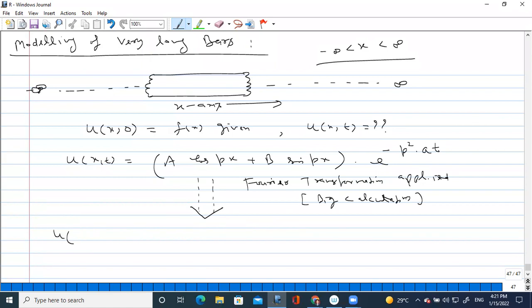Means Fourier transformation applied to find coefficients, and after putting those coefficients, my u(x,t) will be 1 by 2c under root πt into integral minus infinity to infinity f(v).